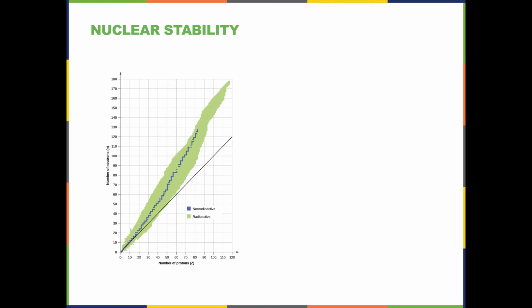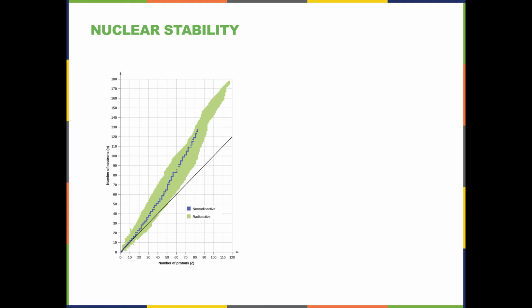Now, when we talk about nuclear stability, what we mean is which of these elements are non-radioactive, which means they do not spontaneously break down, and which of these are going to spontaneously break down.